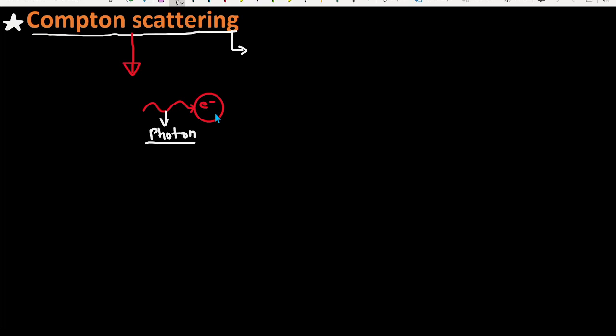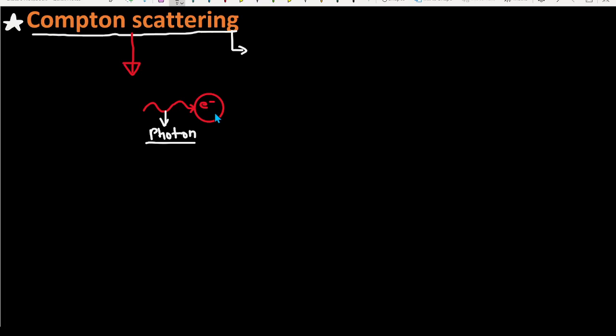And why is using the wave nature not correct? Then what's going on here? Why do we have to imagine the particle nature of light in this Compton scattering? The answer to this question I will make a video on, because it's very good to know why, if we imagine there is a wave, not discrete quanta of photons, then what will happen to this particular experiment?